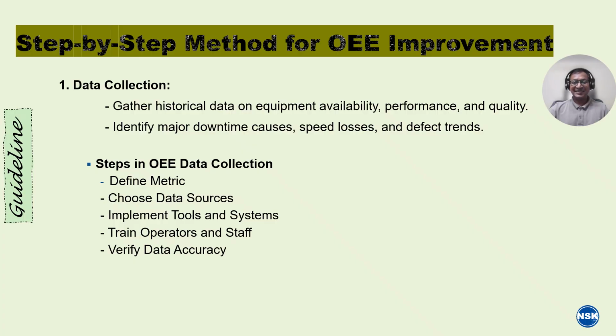Example: operator logs, sensors, production reports, etc. Third, implement tools and systems, that is, use tools like Andon, PLC, SCADA, MES platforms to automate data collection and integrate it with the ERP system for seamless reporting. Fourth, train operators and staff. Ensure all personnel understand the importance of accurate data collection and how to use the tools for the OEE calculation. Fifth, verify data accuracy. Regularly audit data to ensure it reflects actual operations.